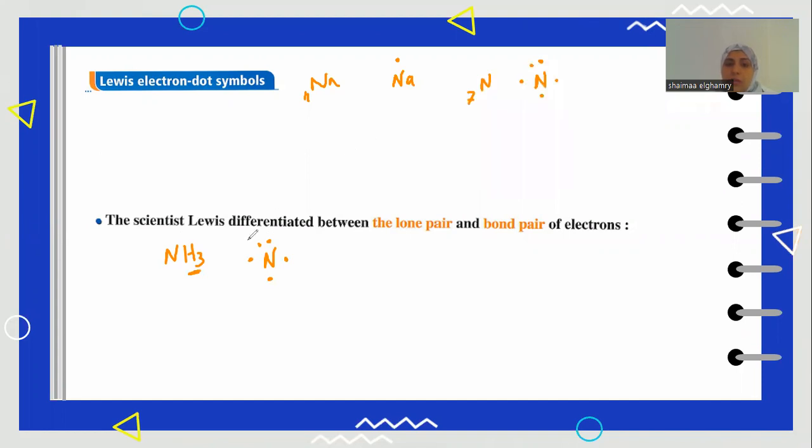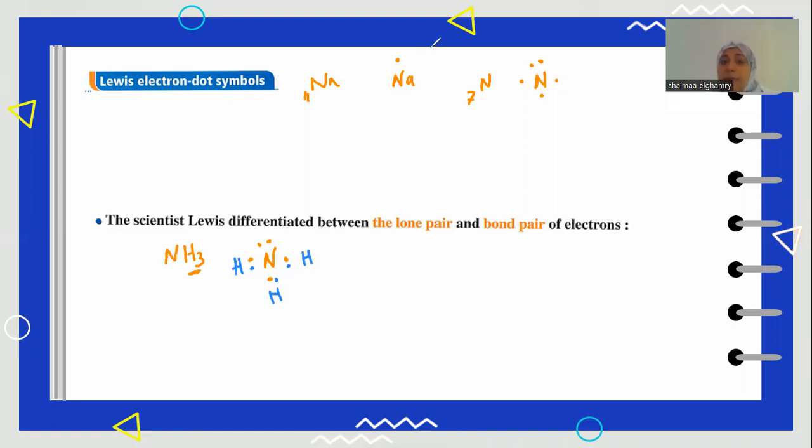So here we have hydrogen which shares an electron with an electron from nitrogen, and another hydrogen shares its electron with another electron of nitrogen, and another hydrogen also shares its electron with the other electron from nitrogen.